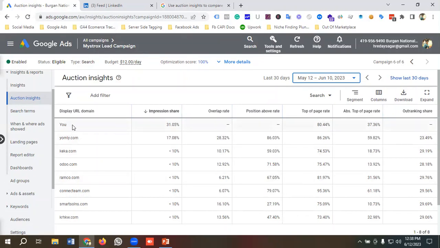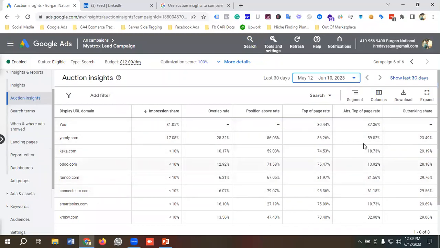So you can see my ads got the highest amount of impression share. This is for the last 30 days of data, and you can also see the overlap rate of my ads and my other competitors' ads, position above rates, and top of the page rate. You can see I have got 80% position above rate and absolute top of the page rate of 37%.